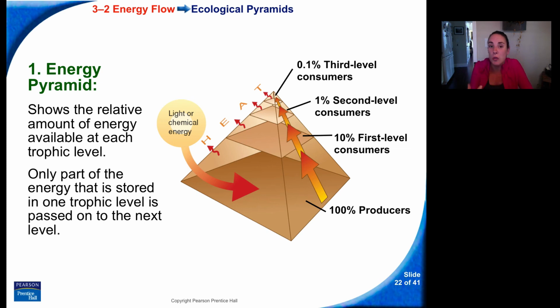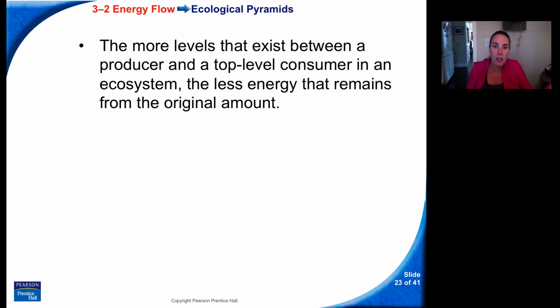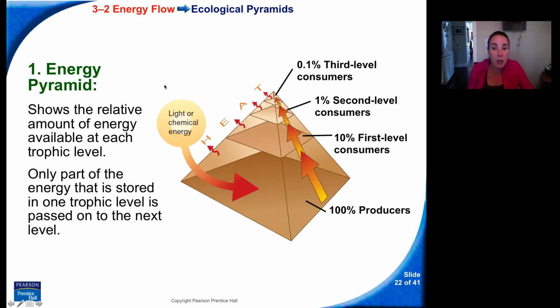It's actually used up, and you release this energy as heat energy. So you can kind of think of it like when you're exercising, you're consuming all the energy that you actually ate. You're using up all of that energy, and that energy is leaving you as heat energy. So at each level, you're only keeping 10% of the energy from the previous level.